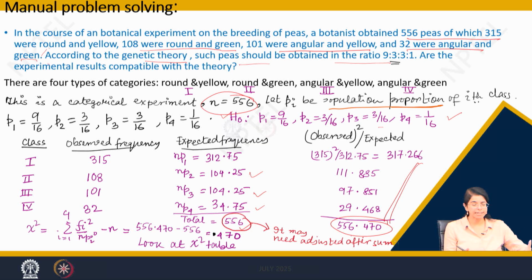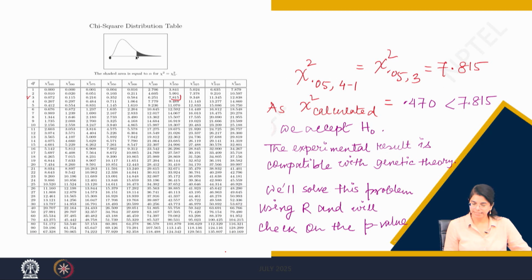Just grab a calculator and you can figure out the chi-square calculated value, that is 0.470. Now look at the chi-square table and make a comparison.